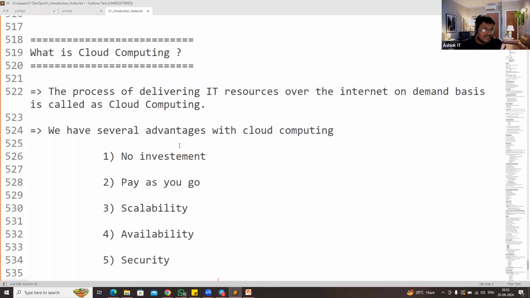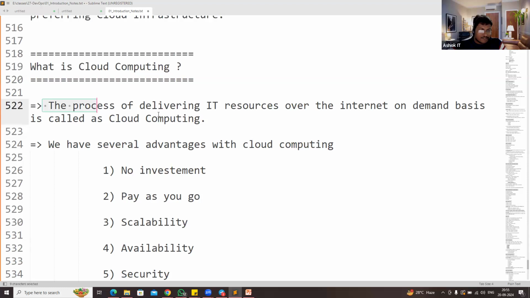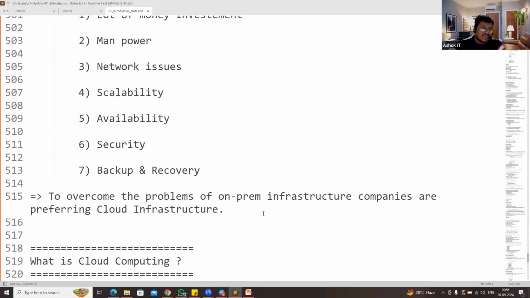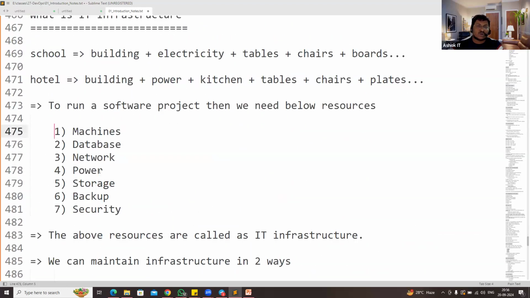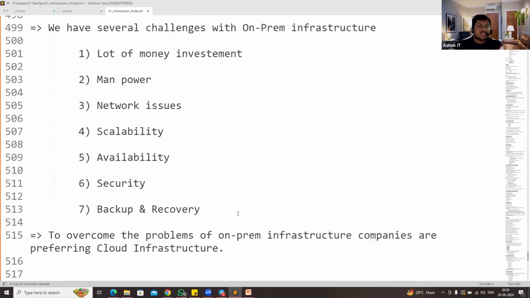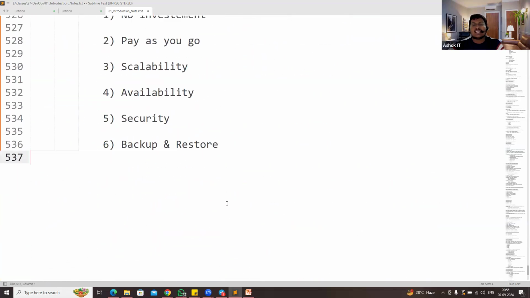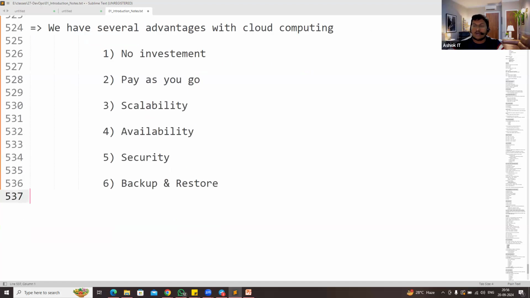So what is the meaning of cloud computing? The process of delivering IT resources over the internet on demand basis is called cloud computing. So instead of purchasing and managing the resources to run our business, we take the resources for rent from other companies. So that is called cloud computing.